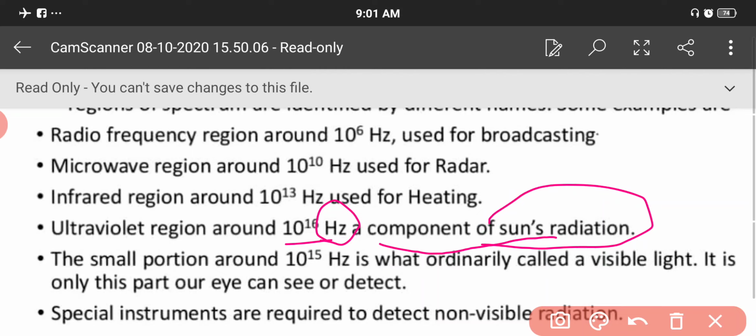The next one is a small portion around 10⁻15 hertz, which is known as visible light, and the things which come in the visible region we can see with our eyes. Only the visible region our eye can detect.